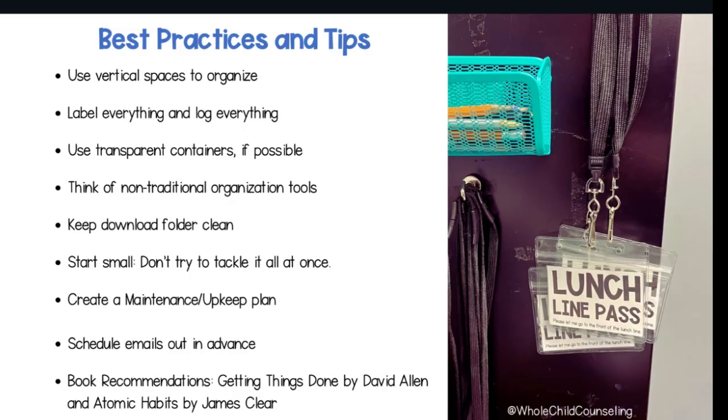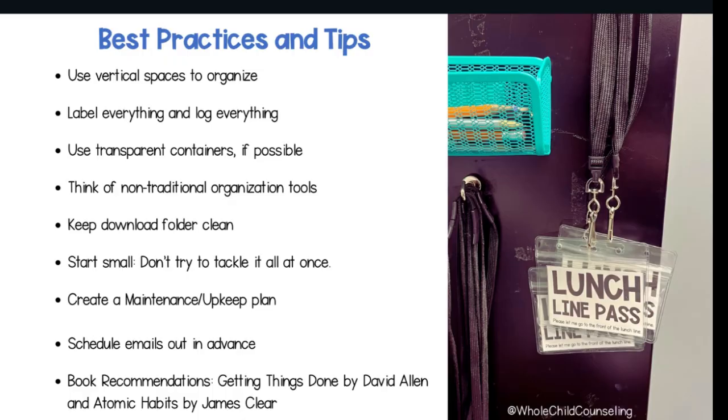You need to create a maintenance or upkeep plan, because even once you have everything logged and everything is where it's supposed to be, you need to stay on top of it weekly. So, in my weekly plan, when I do my billing and I do my prepping, I give myself time to do maintenance on my organization systems.